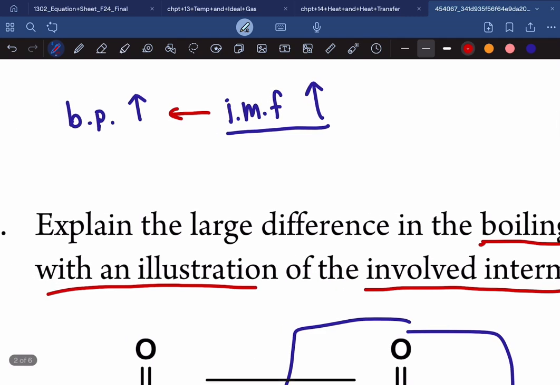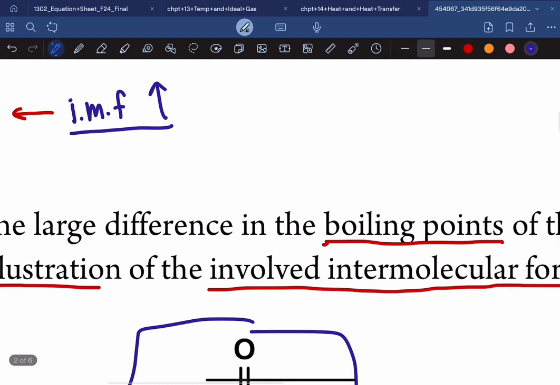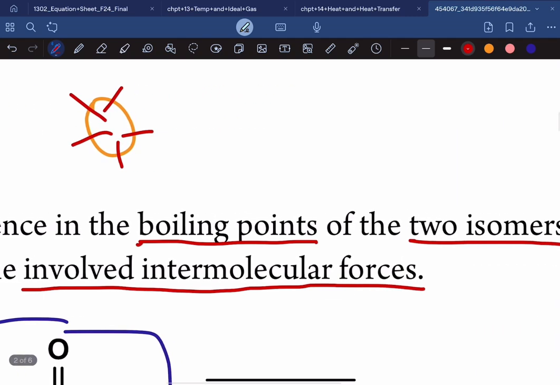Because think about it, right? If you have a lot of forces in a molecule holding it together, think of it like people holding onto a ball, right? So that ball is like the molecule. Let's say we have 5 people holding onto this ball, right? Is it going to be easier to pull that ball away compared to a ball with only 2 people? Which one of these you think is easier to snag, to grab?